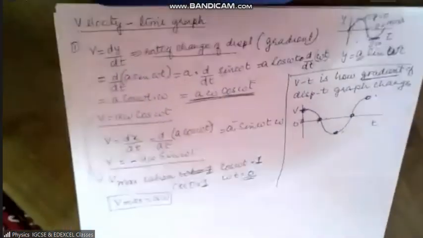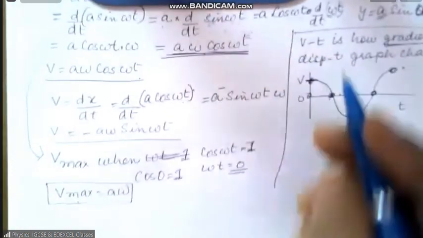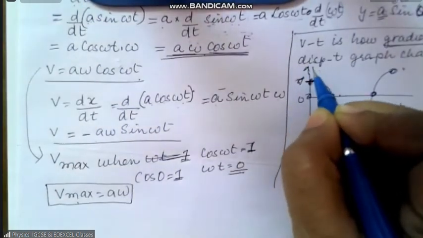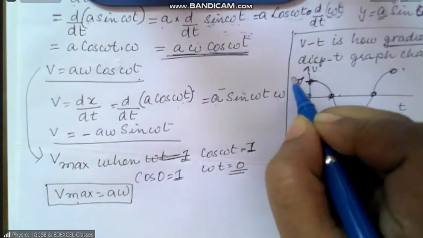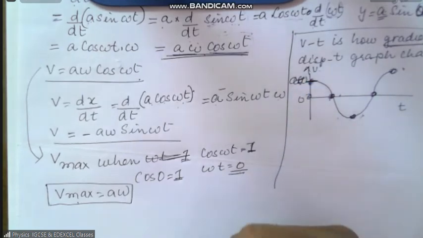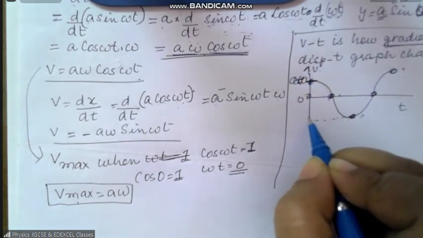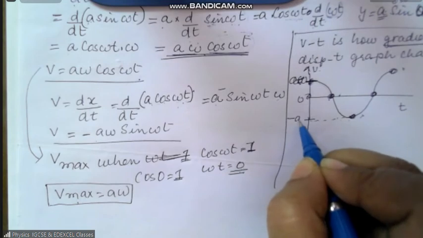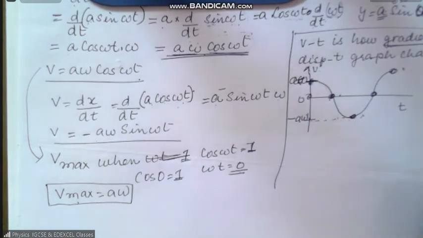Okay. So now, how much is this value? This value is maximum displacement times omega. Similarly, this value is minus A omega. All right.